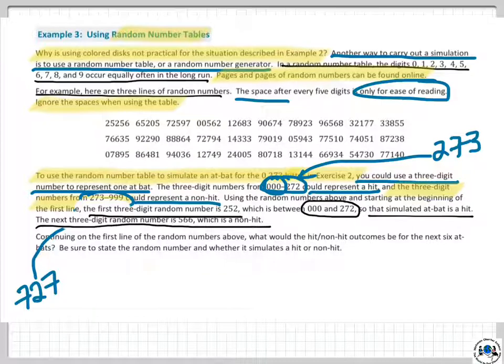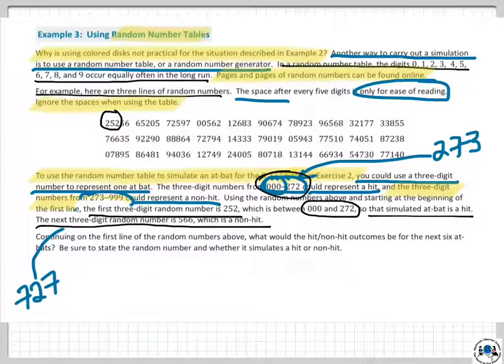Let me show you how that looks here. So here is 252. We are deciding that we're going to use these as 3-digit numbers, and we have to be consistent with that. You can use them as single-digit numbers, 2-digit numbers, however many digits you want. 252 is a hit because it's between 000 and 272, and we have arbitrarily decided this.